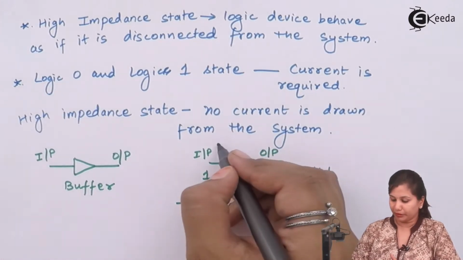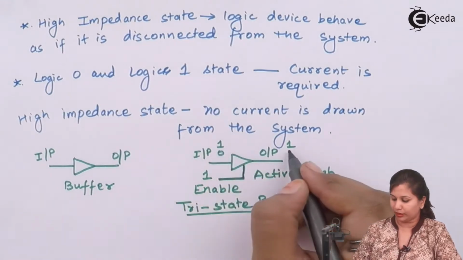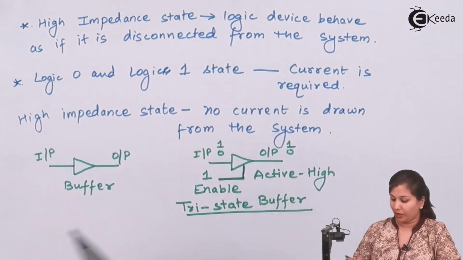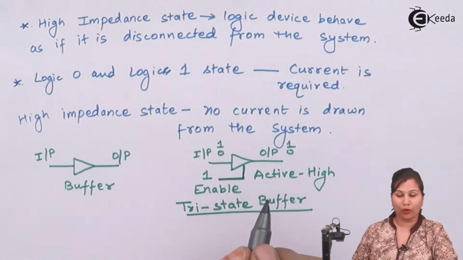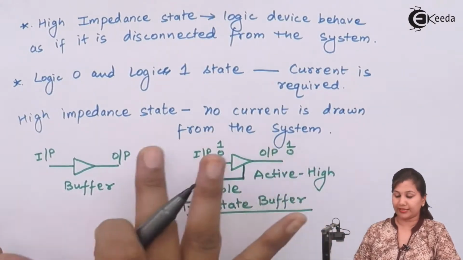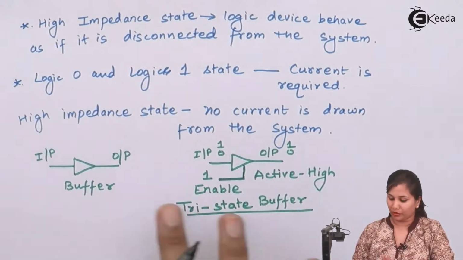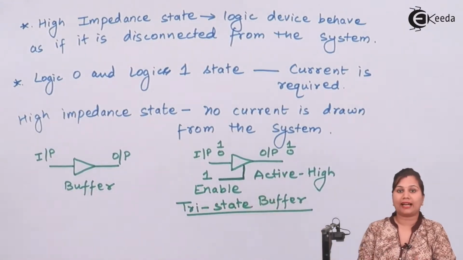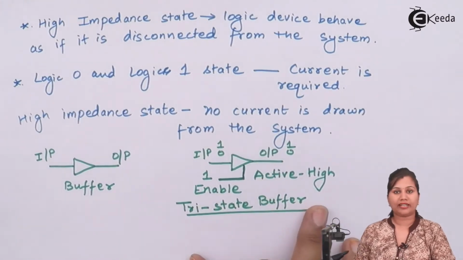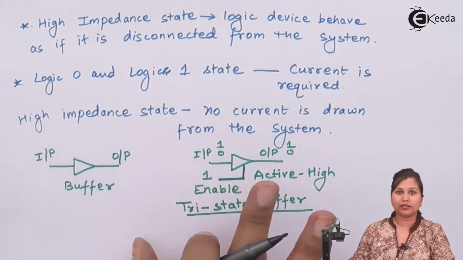So if the input is 1, then the output is also 1. If the input is 0, then the output is also 0 when this enable line is 1. If this enable line is 0, it means that this buffer goes into the high impedance state, because this enable line is active high and we are giving 0 value at it. So this device will not work.